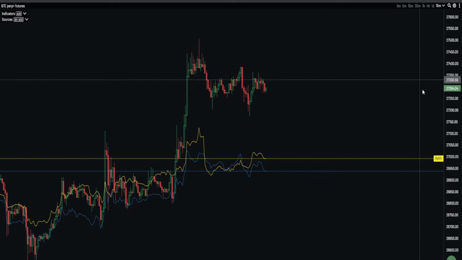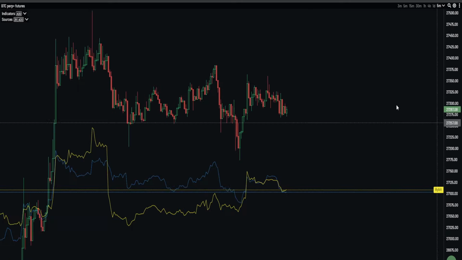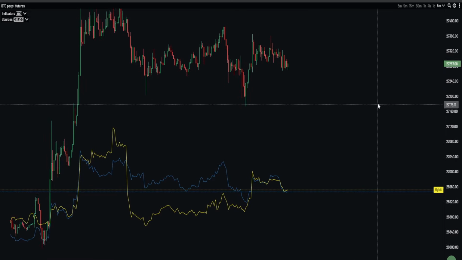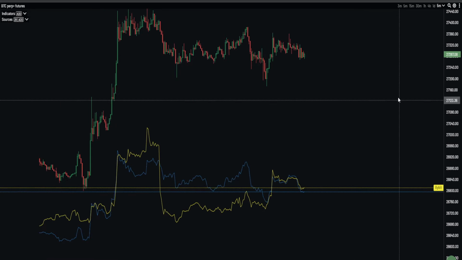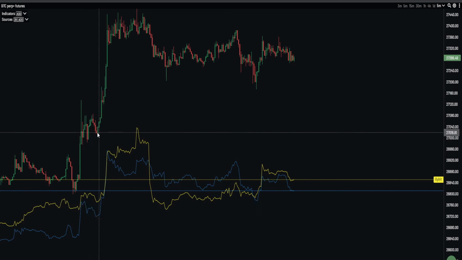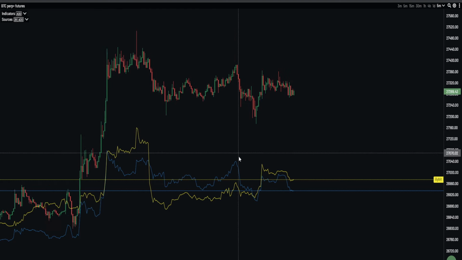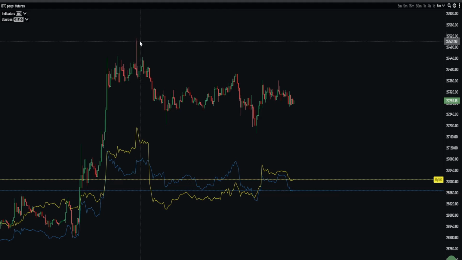Now, if we go shortly to the divergences of this very local structure over here, I have to go to the 5-minute. I don't usually really enjoy that, but what you see is we have bullish divergences. Between the little range on the 5-minute that we have over here, price created a higher low on price, a lower low over here on the yellow line, which is a bullish divergence with the target being this high at 27.5k.